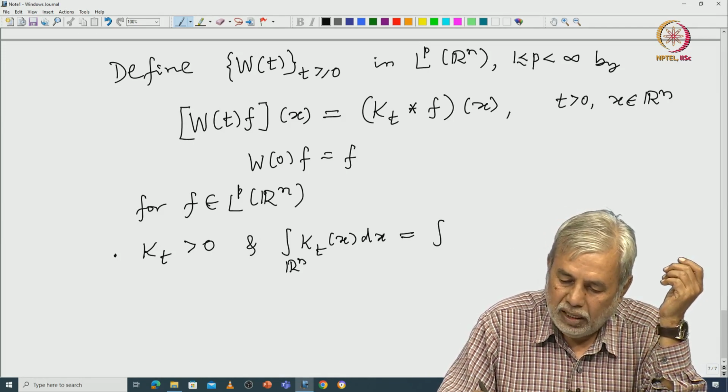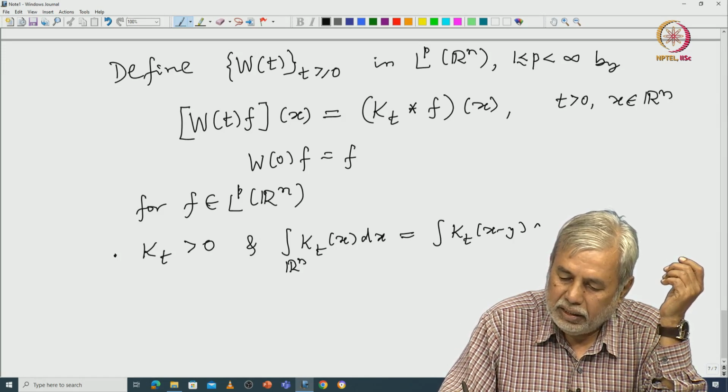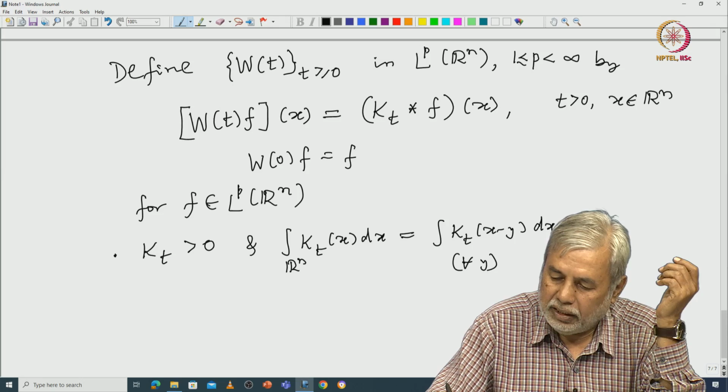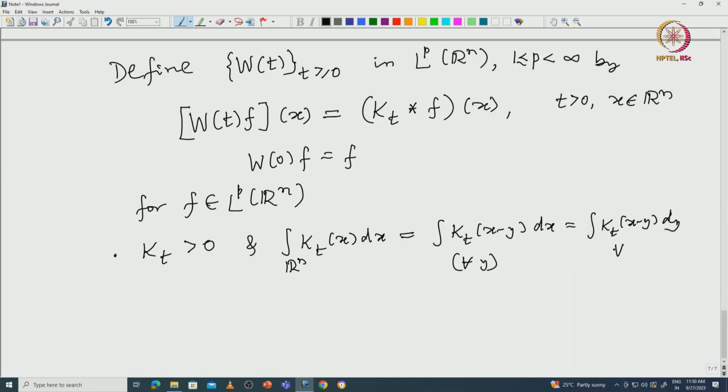So this is K t of x minus y dx for all y, and this is again K t of x minus y dy for all x, all are equal to 1, and for t positive. In fact this K t is in the Schwartz space.